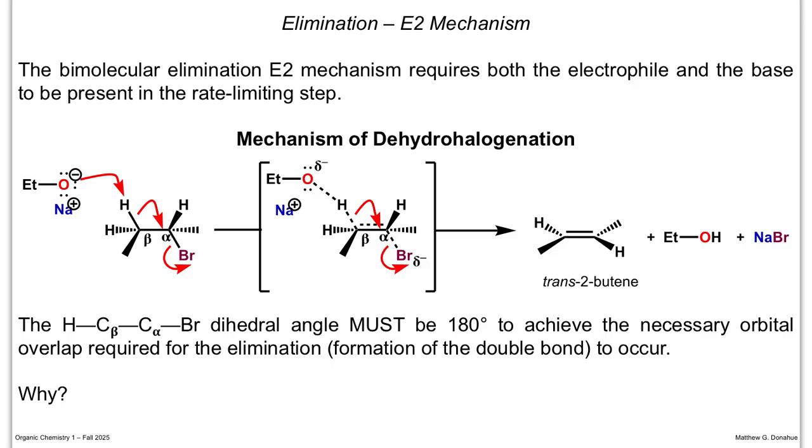Here the base is supplying electrons. In this case, we're using sodium ethoxide. So it's going to abstract a beta hydrogen. The electrons in this bond form the new double bond, and then the leaving group leaves with these electrons.